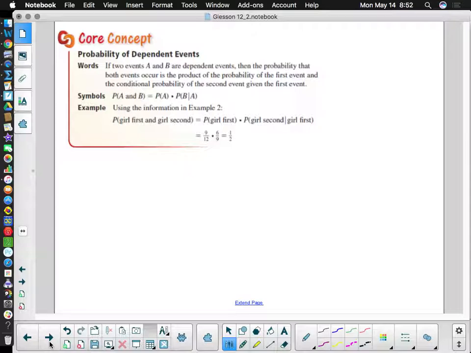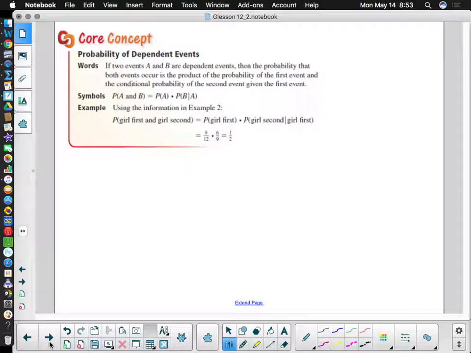Dependent events. If 2 events, A and B, are dependent, then the probability that they both occur is the product of the probability of the first event and the conditional probability of the second event, given the first event has already occurred. Okay?